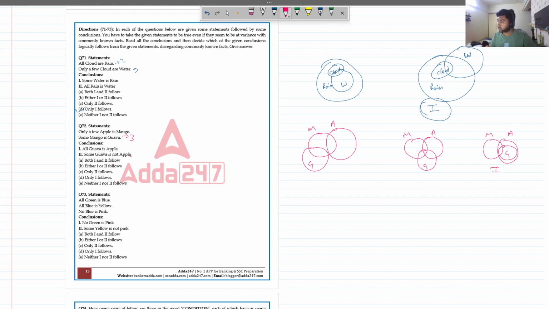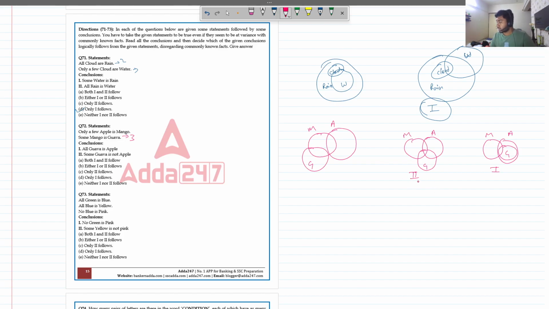Some guava is not apple. That is true for this case only. Here no guava is apple, here some guava is not apple, and for this scenario only conclusion 2 is possible. So I don't even need to read the options.